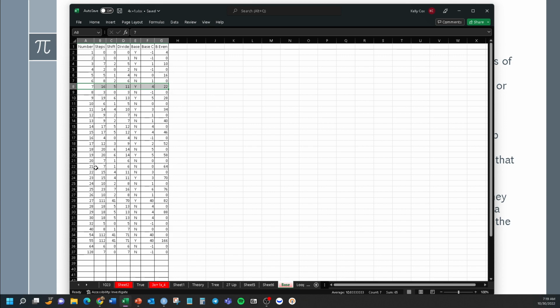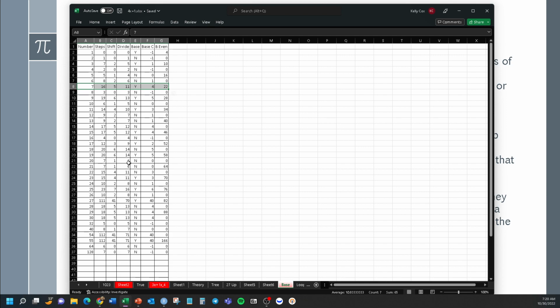They have the same steps, the same shifts, the same divides. Neither one of them is a base, but we know 21 is going to go to an even number. We know where it's going. 20 is going to divide by 2. So we're going to calculate those.